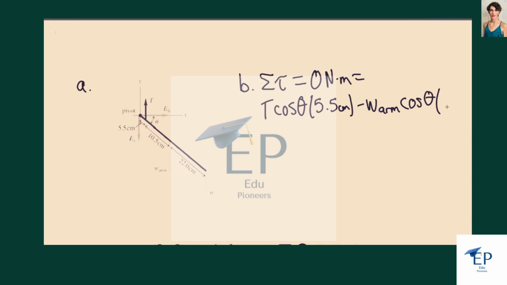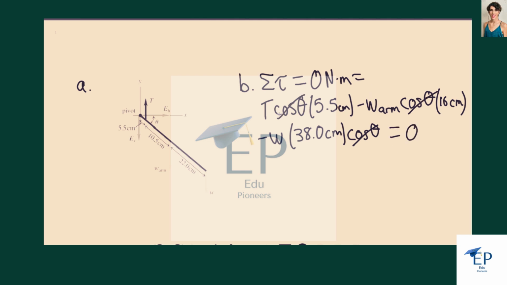And this would be 16 centimeters. And then minus the weight in the hand, again, 38 centimeters times cosine theta. So this would be the weight that is in the hand. And essentially, you can see that all the cosines are going to cancel out. This equals 0, by the way.